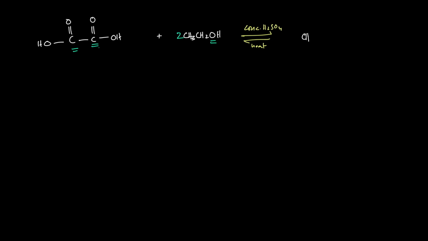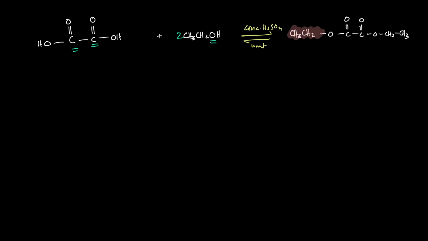You'd have CH3, CH2, O. This comes from the alcohol. This will bond to the C double bond O, C double bond O. Again, this is the acid part. And then what do you have here? O, CH2, CH3. So again, I'll highlight this.